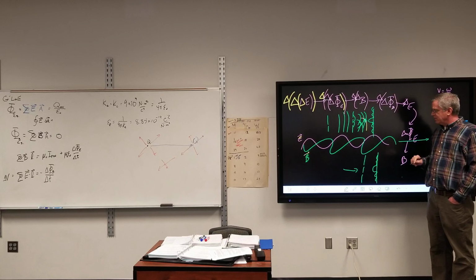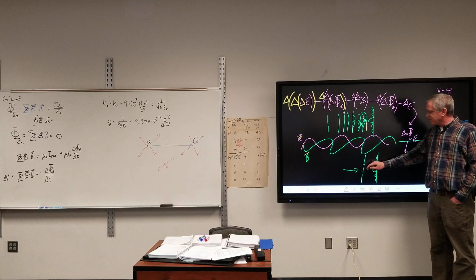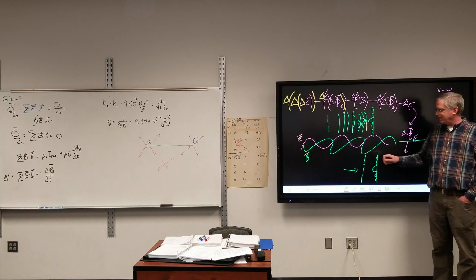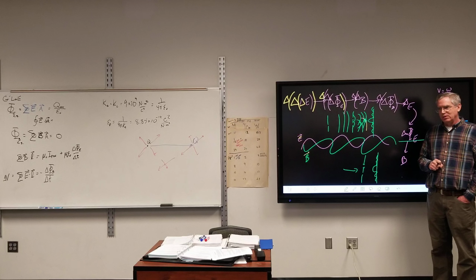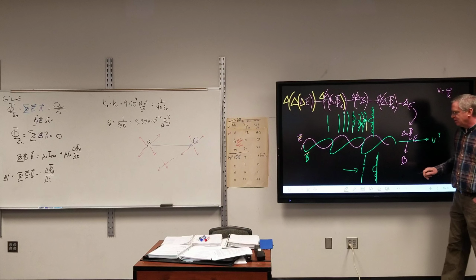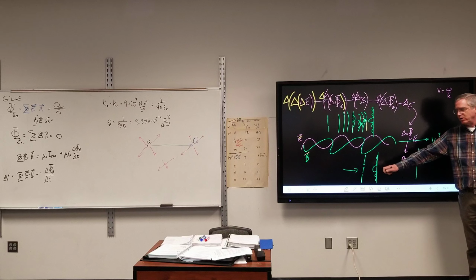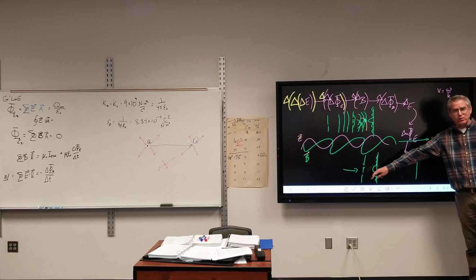The cool thing is, if I then have a detector here so I know which slit the light went through, the pattern changes. So if I observe, it's either going to go through here, or if it doesn't, I know it goes through there.